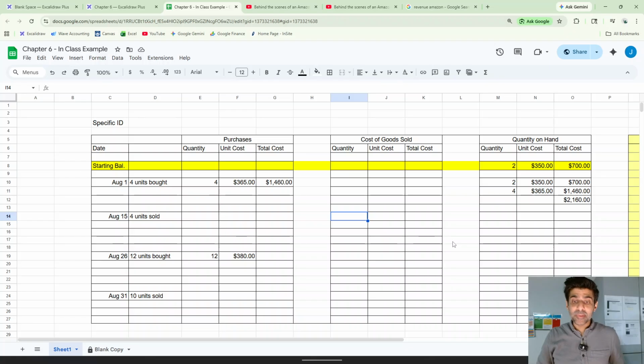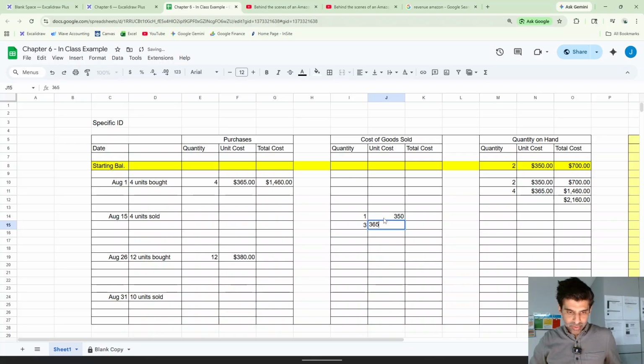Since we're able to track these individually, there are 6 units here total. Maybe I'm selling 1 unit from this 350 and 3 units from the 365. Okay, this is one possibility.